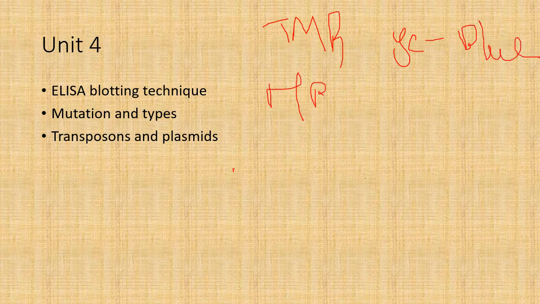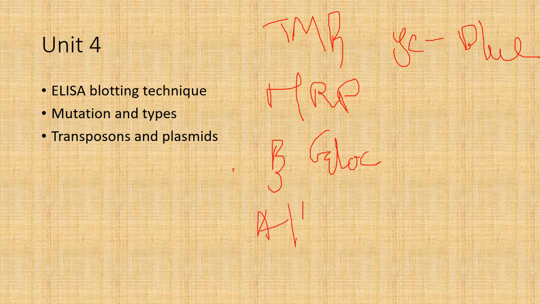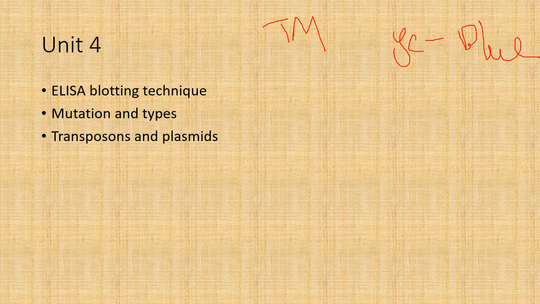Horseradish peroxidase enzyme, beta galactosidase enzyme, alkaline phosphatase enzyme. Do not forget these enzymes. These are very, very, very important. TMB substrate, the beta galactosidase, HRP, that is horseradish peroxidase.